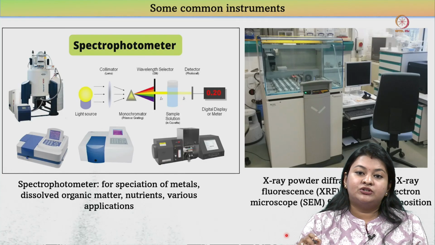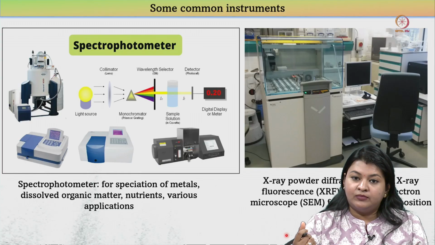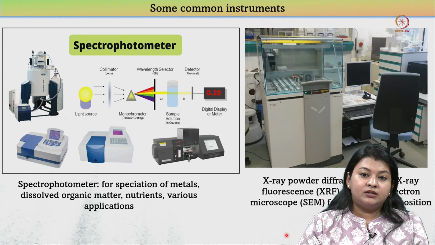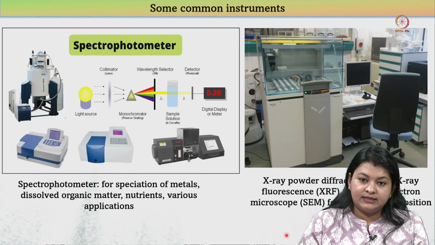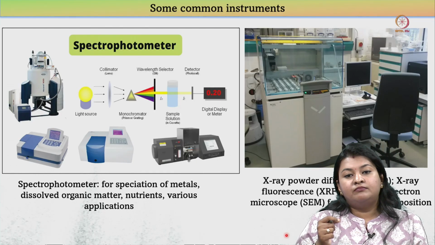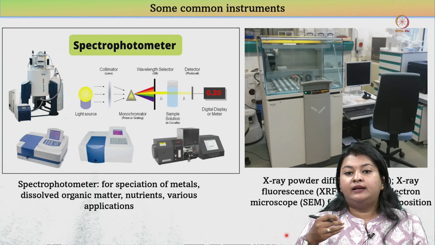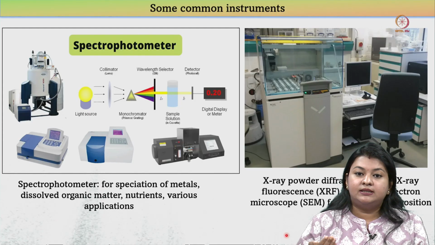An XRF measures the mineral content and the elemental concentrations in the sediment form. You take the sediments, we do not digest them, they are in solid form. A different kind of preparation technique is there, but you are going to measure the oxide content and the different elemental concentrations in the sediments.